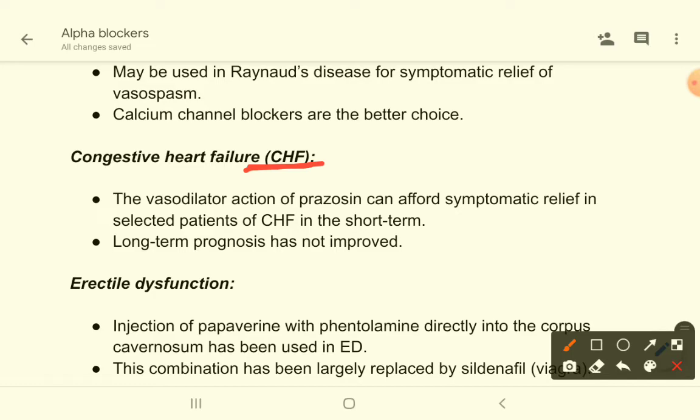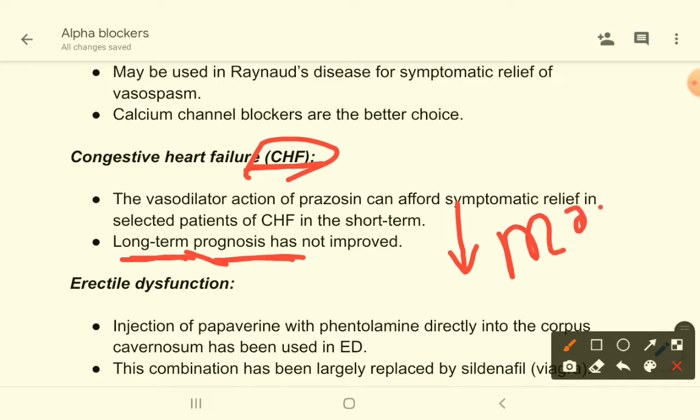And these drugs, if you use long term, have not proved to be very good in these patients. That means they cannot reduce the mortality rate. They have not been shown to prolong the life of the heart failure patient.